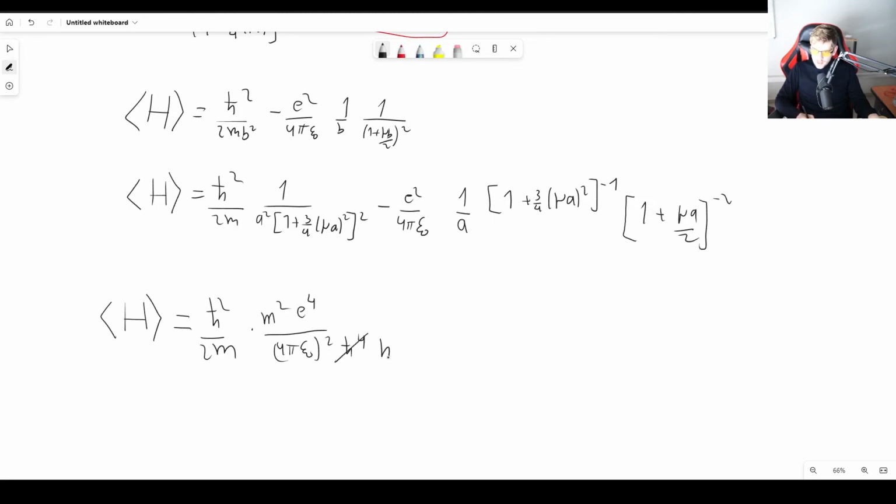So this gives us h bar squared when we simplify it with that. M cancels out that. And what do we have left? What we have left is this. So 1/2 m e to the 4th over h bar squared 4 pi epsilon 0 squared. What is that?